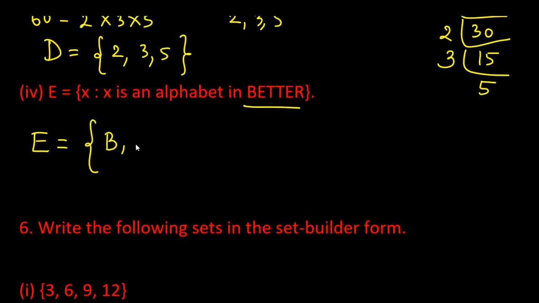B, E, then T. We have written B, E and T. This T is getting repeated, we need not write. Again E is also repeated, we need not write. Then R.